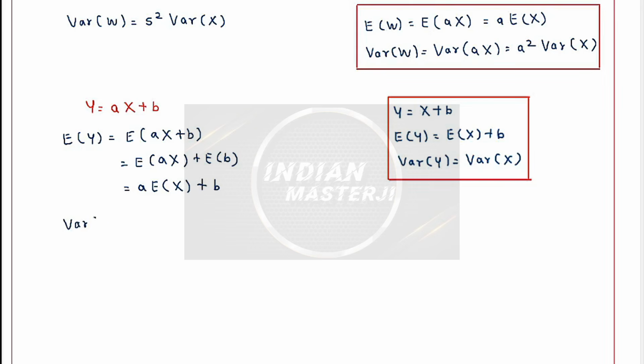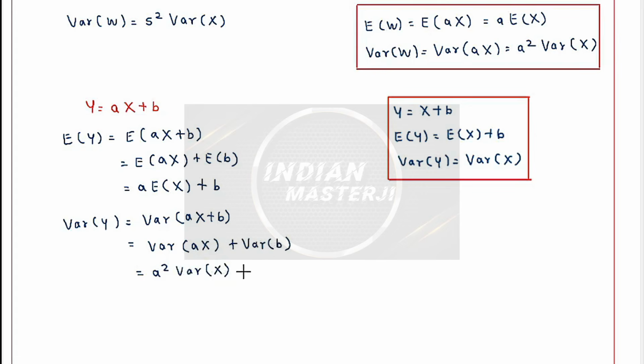Similarly, the variance of y will be equal to the variance of ax plus b, which I can understand this way: the variance of ax plus the variance of b. But the variance of ax is a square into the variance of x, and b being a constant, there will be no change in b.